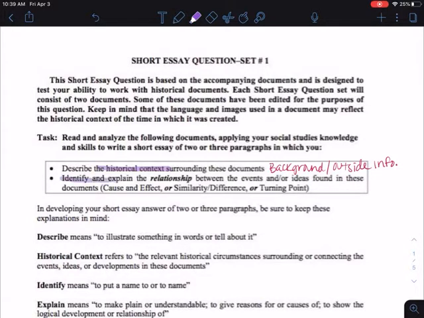Then you're going to identify and explain a relationship between these two documents. It's either going to be a cause and effect, a similarity or difference, and turning point. Remember, if we choose this one, we are doing both of them. And the same goes with this one, both a cause and an effect.